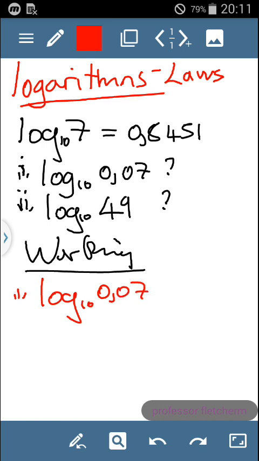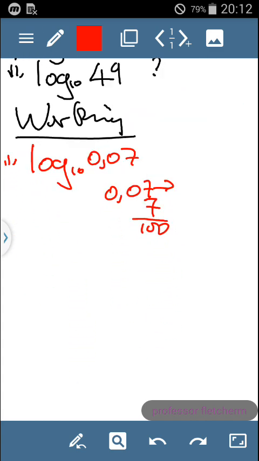Well, the key thing is that 0.07 is equivalent to 7 over 100. That should be known, because if you divide 7 by 100 you get 0.07. So in other words, we are saying log 7 over 100 base 10.